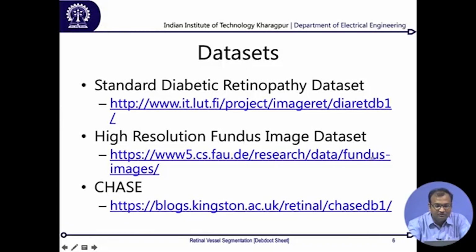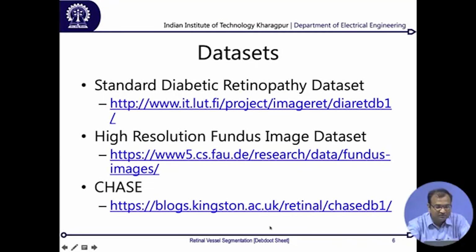Then there are high resolution fundus images from the University of Erlangen in Germany, and these are good in a way because they are full HD scale images which provide much better resolution and much higher granularity than the other images, which were in 600 by 800 or 640 by 480 pixel sizes. And then there is another one from Kingston University in the UK, which is called CHASE. This is one which has come up only in recent years, and you can make use of any of them. They are all free for download.